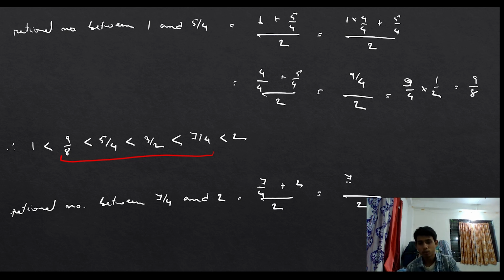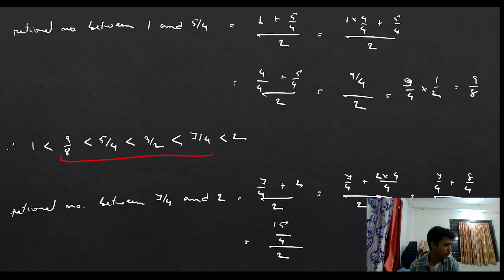We'll convert the 2 into an equivalent rational number, that is multiplying by 4 on both numerator and denominator. That becomes 7 by 4 plus 8 by 4 divided by 2. That is equal to 7 plus 8, which is 15 by 4, whole divided by 2. That will be equal to 15 by 4 into 1 by 2 equals 15 by 8.